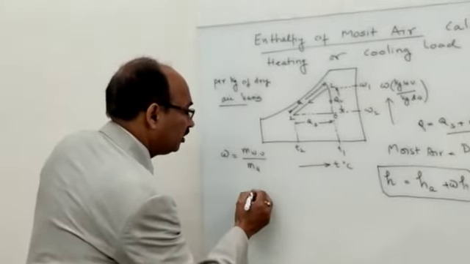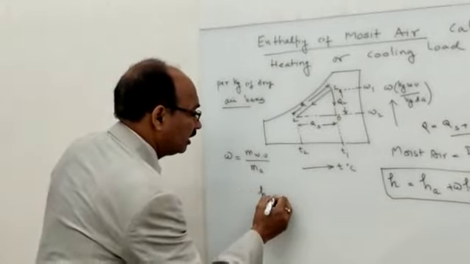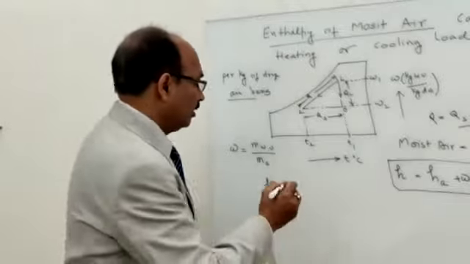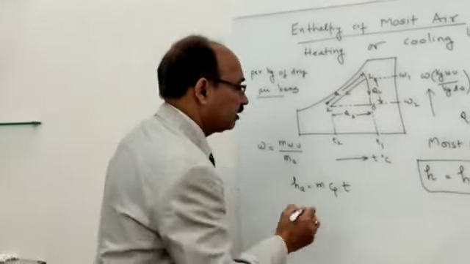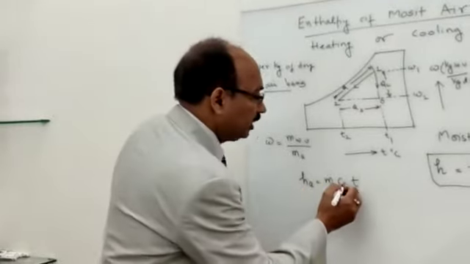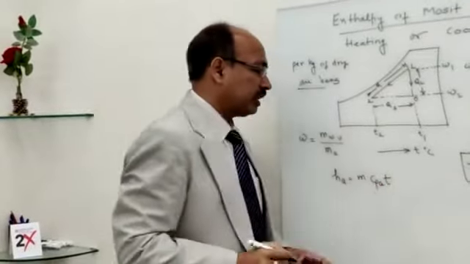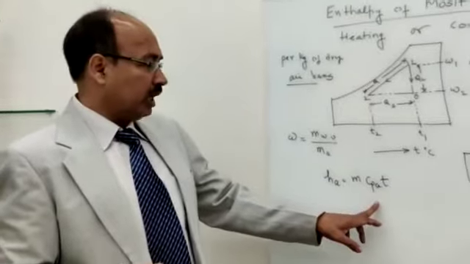Now what is enthalpy of dry air part? It is very simple. m cp T. Cp means specific heat at constant pressure for air.